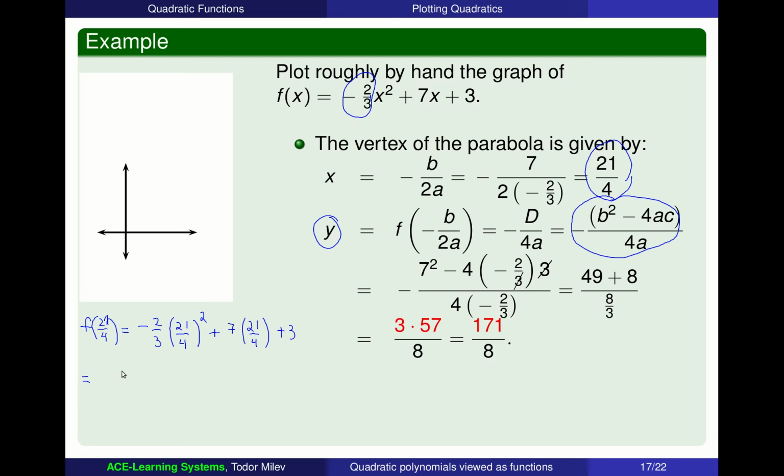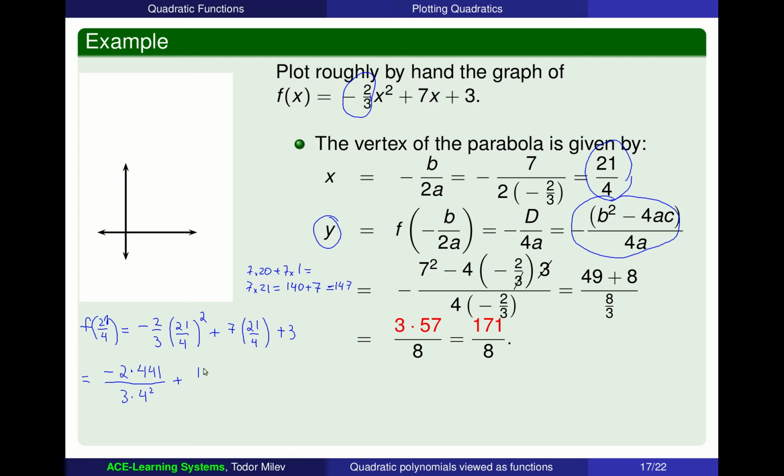So that gives me, let's see, negative 2 times 21 squared. I happen to have memorized that that's 441. Of course, you can compute it on the side. Divided by 3 times 4 squared. Plus 7 times 21. Now 7 times 21 equals 140 plus 7, right, because that's 7 times 20 plus 7 times 1, which is 147.